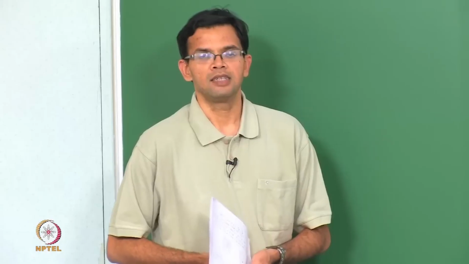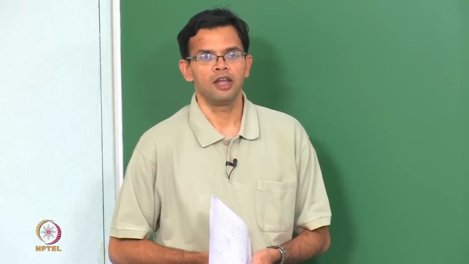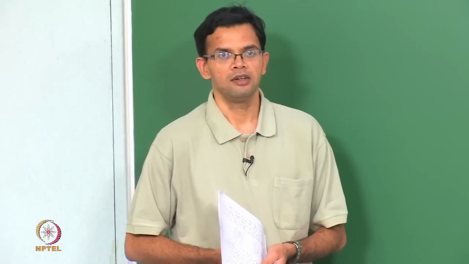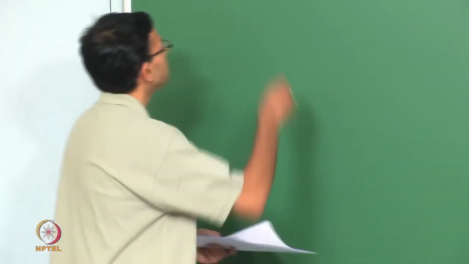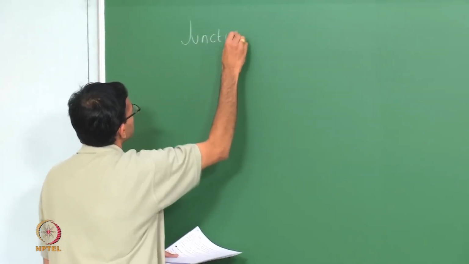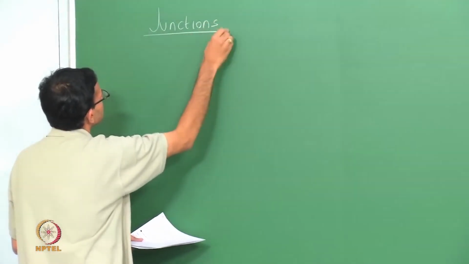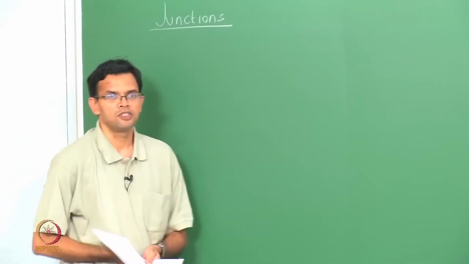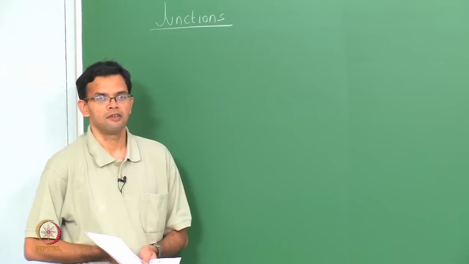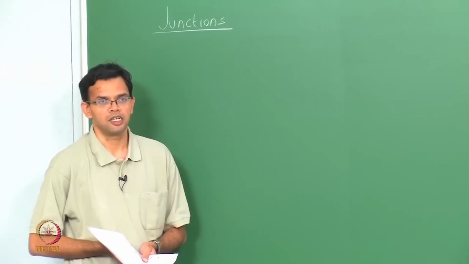In the next few classes, we are going to focus on electronic devices. In order to form a device, we need to put materials together, and when we put materials together, we will form junctions. So, in this first lecture on the series of electronic devices, we are going to start by looking at junctions.